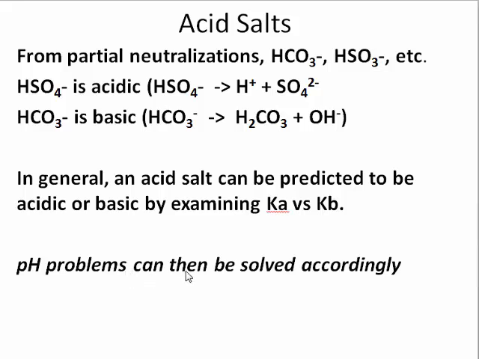If Ka and Kb are not close, pH problems can often then be solved accordingly. For example, we know that bisulfate is the conjugate base of a strong acid. In other words, H2SO4 deprotonates completely into bisulfate. If Ka for H2SO4 is essentially infinite, we expect Kb for bisulfate to be 0.